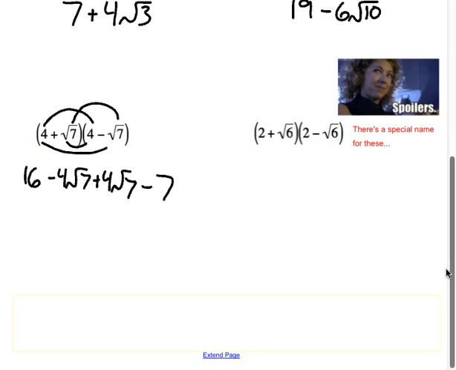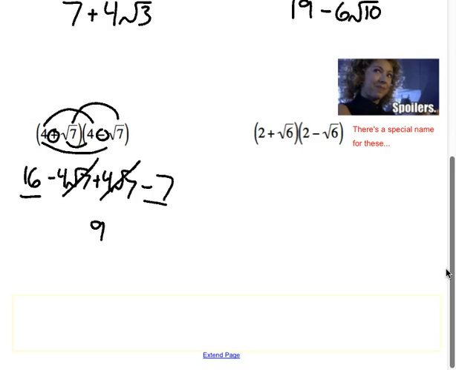Now, this should look familiar to you. You saw this back when we did imaginary numbers too. Whenever you have the same thing, just differing by the sign, those insides cancel. 4 square roots of 7 minus 4 square roots of 7 simply cancel off, and that's going to leave you 9.